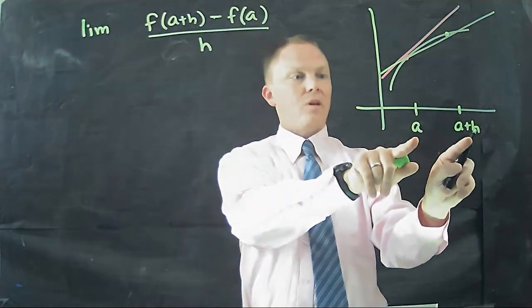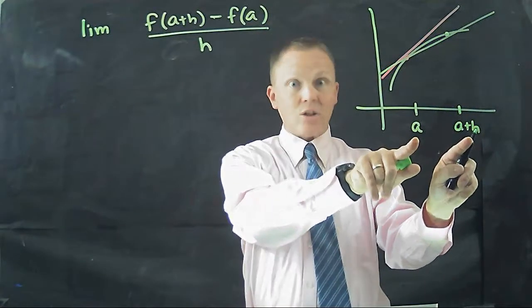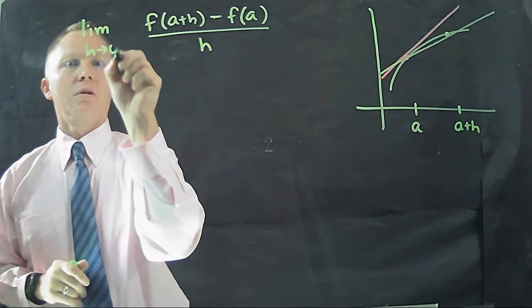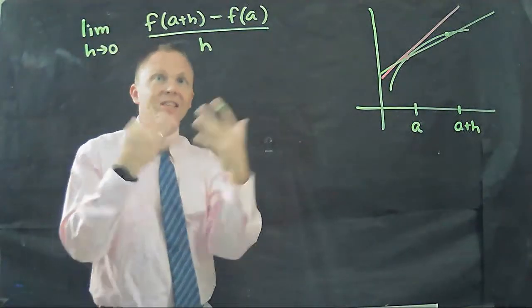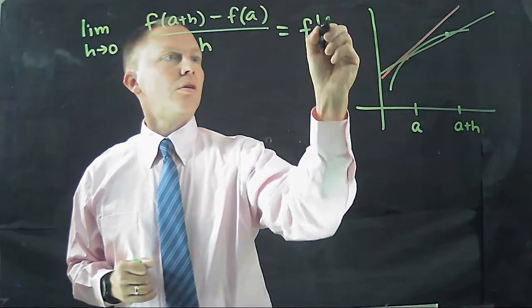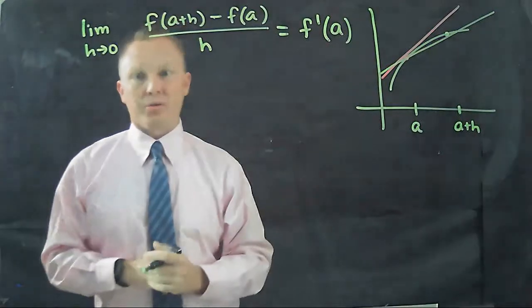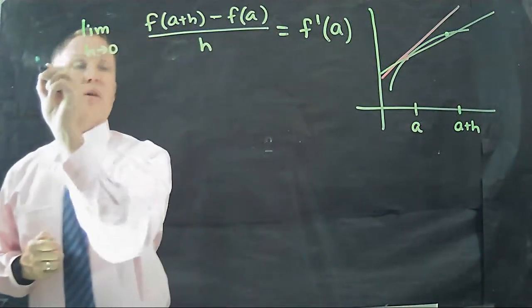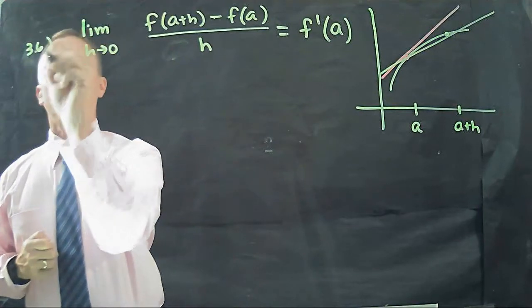Now, that distance h has to go to 0. Okay? So this is the other way to algebraically package the derivative at a point. This is what the book refers to, by the way, as equation 3.6.